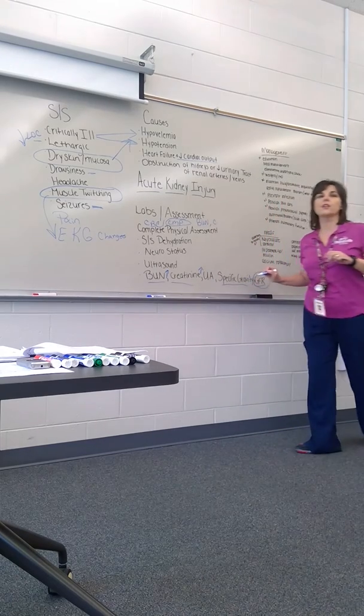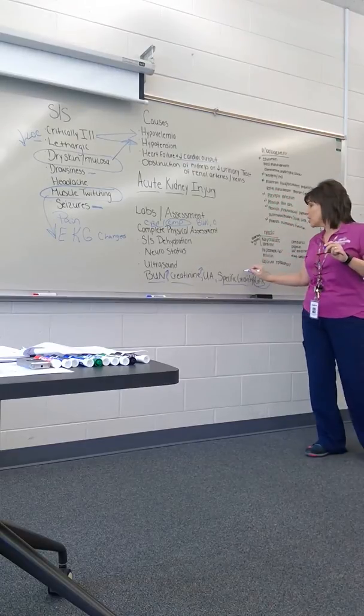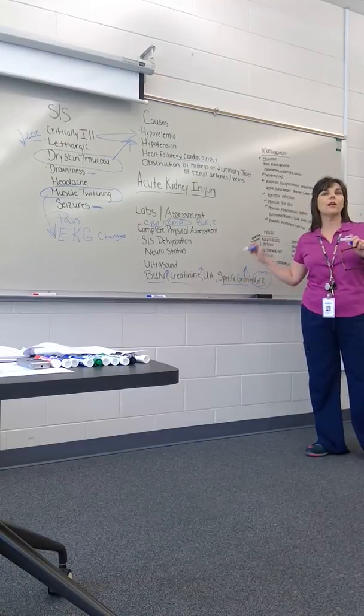So what are we going to see our specific gravity do? If our patient is very dehydrated, or they've not got the kidney function that they should, you're going to see an elevation in your specific gravity too.